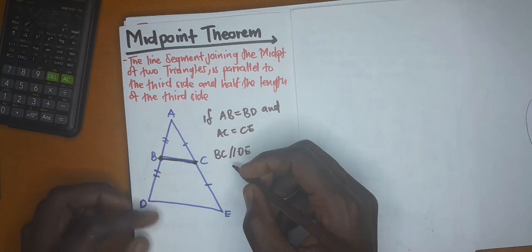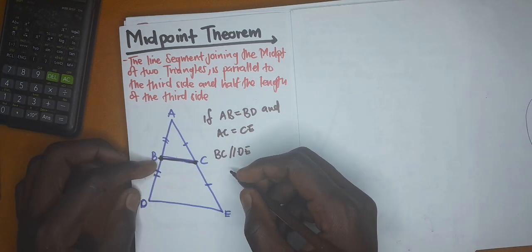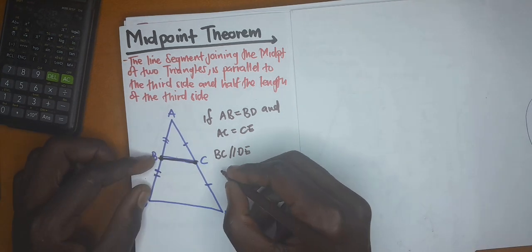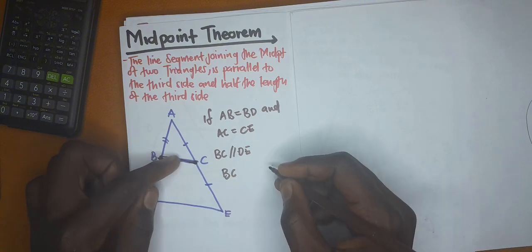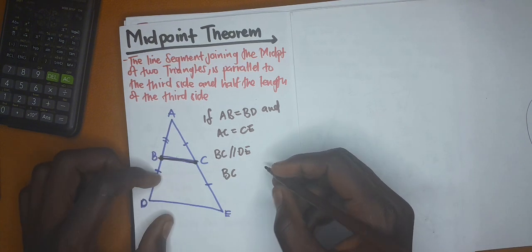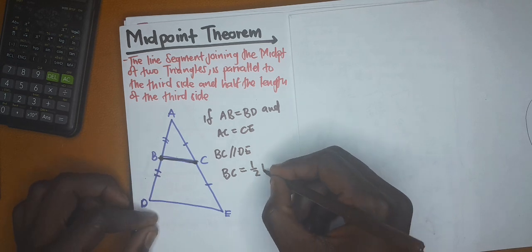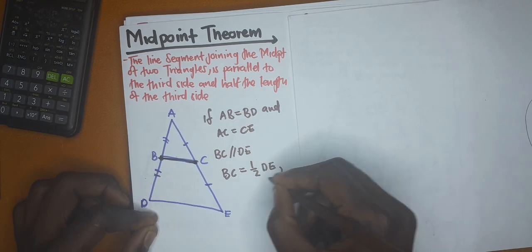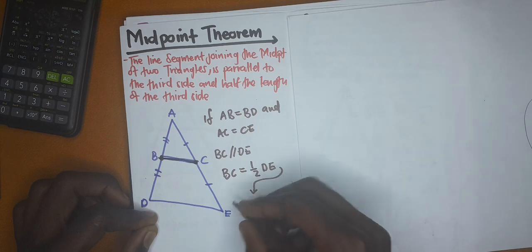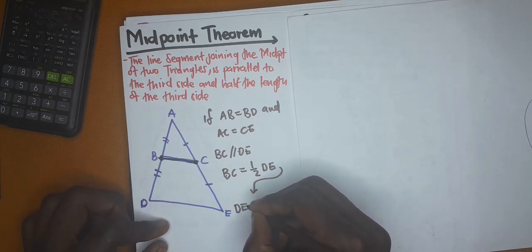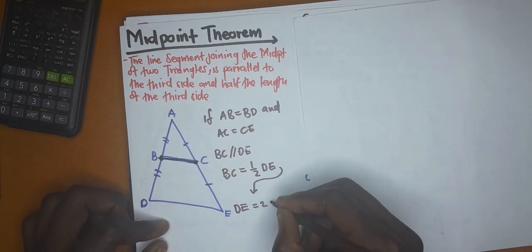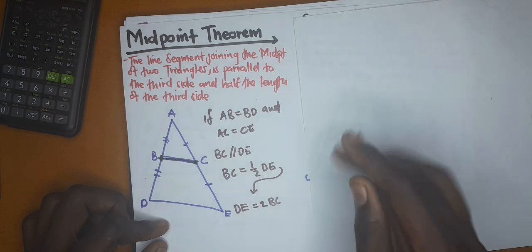And we can also conclude that the length of BC is equal to half the length of DE. We can also reverse this, guys. We can say that the length of DE is equal to 2 times the length of BC.